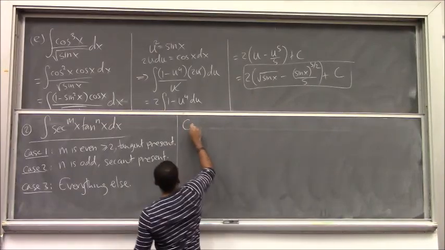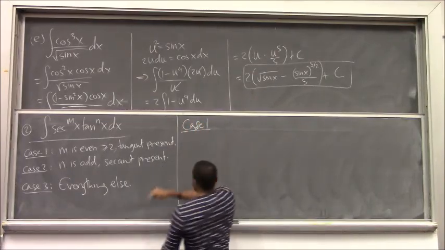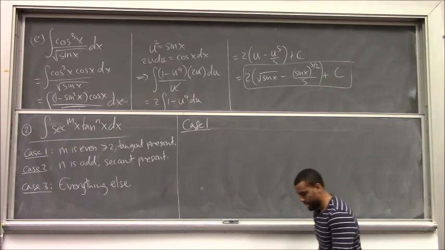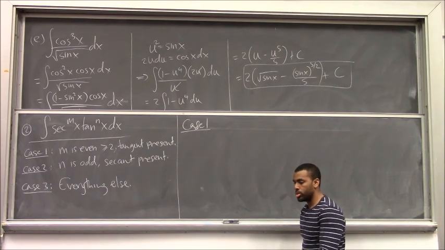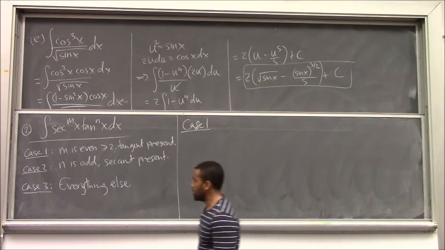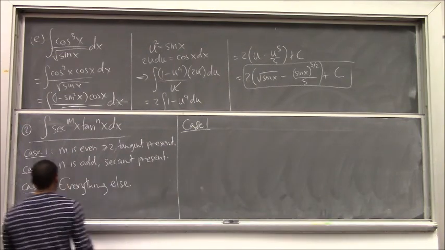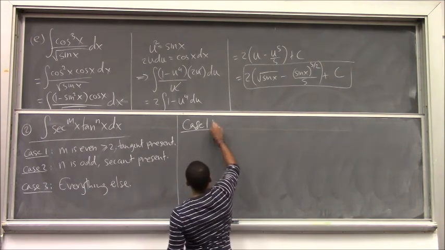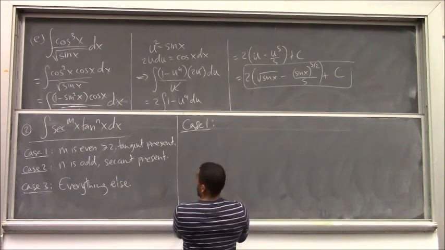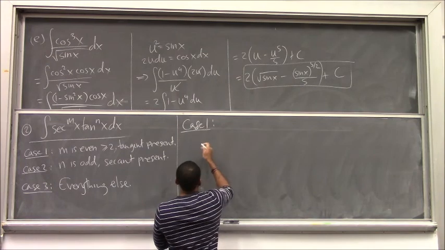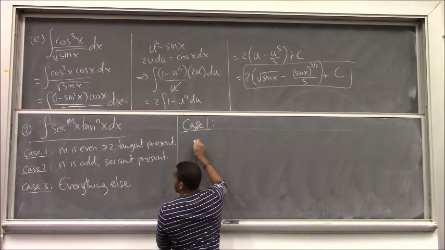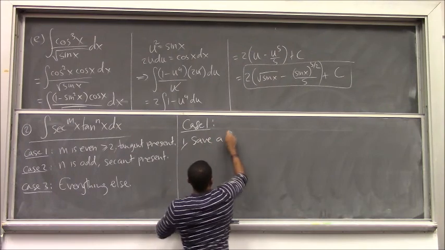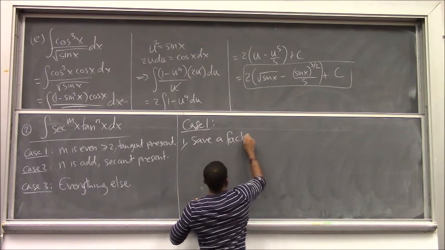Now let's look at case 1. Let's say you're in the situation where you have an even power of secant and it's at least 2. Remember, 0 technically is even, but we don't want 0. You want to be able to actually see the secant there. So in case 1, what you can do is, one, save the factor of secant squared.